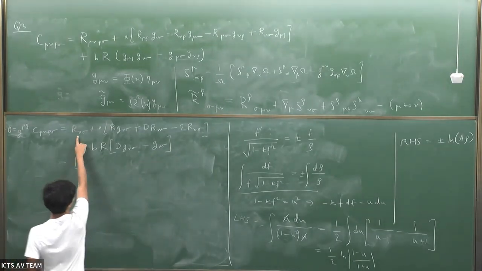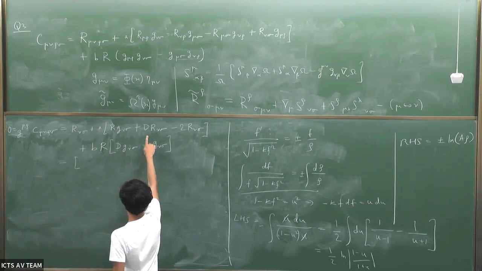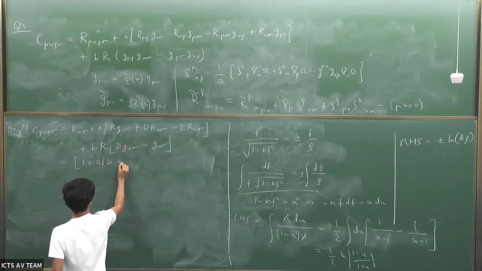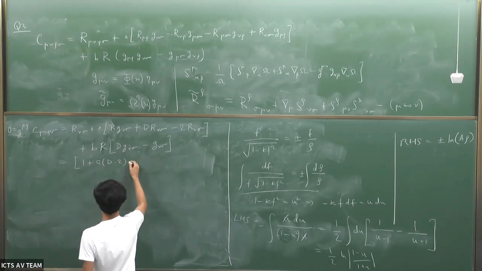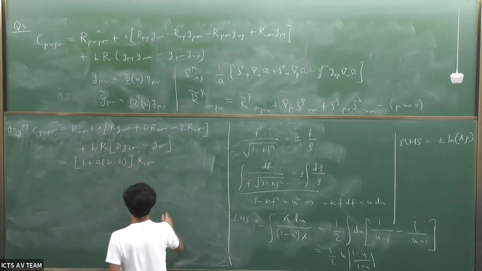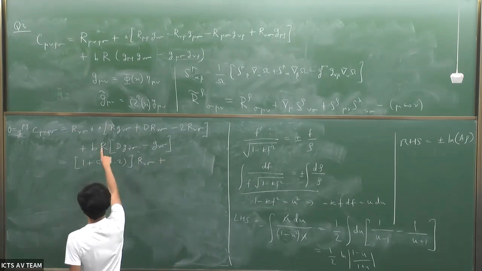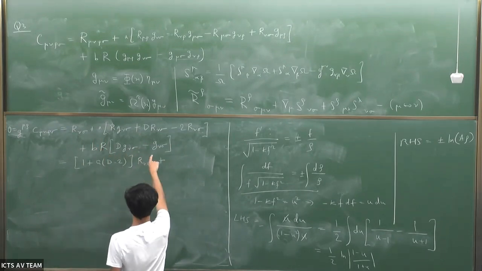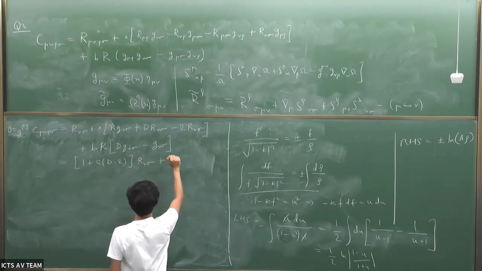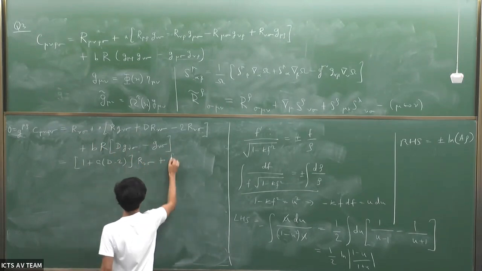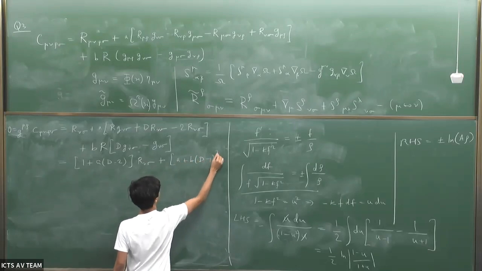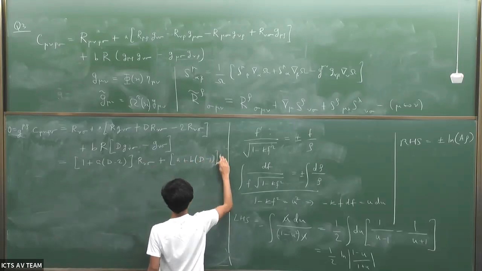So we have 1 plus A times D minus 2, and here we don't have anything, plus we have A plus B times D minus 1, times R.